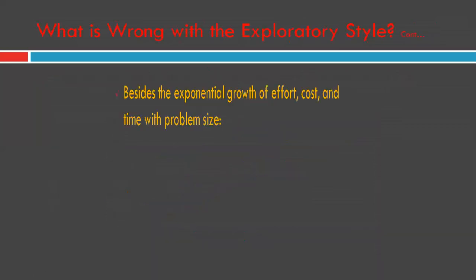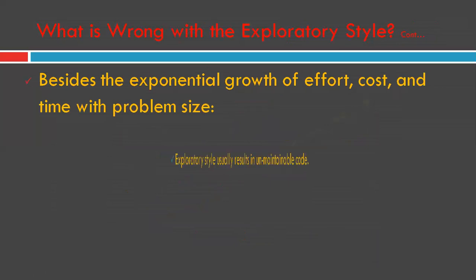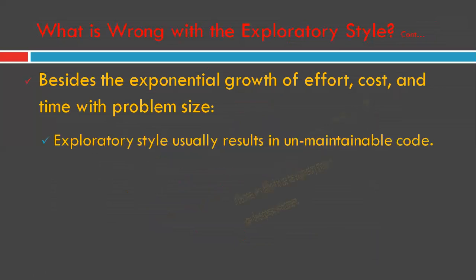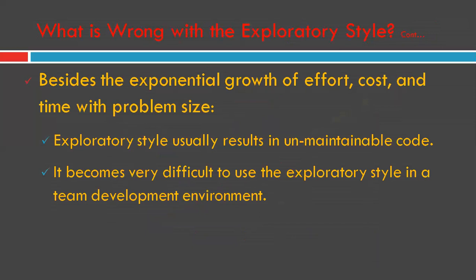So the exploratory style causes the perceived difficulty of a problem to grow exponentially due to human cognitive limitations. We may still wonder, when software engineering principles are used, why does the curve not become completely linear?